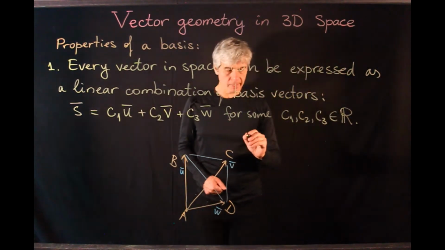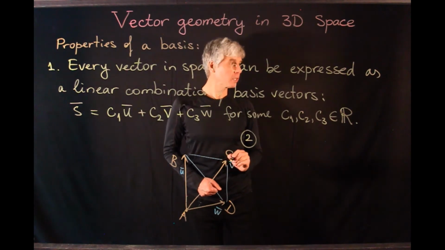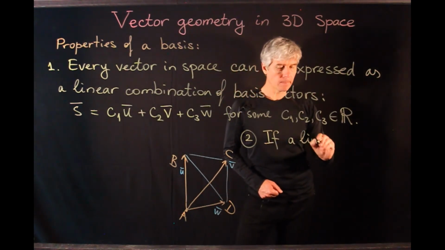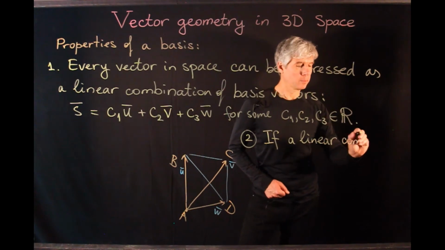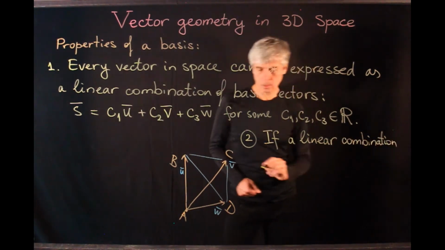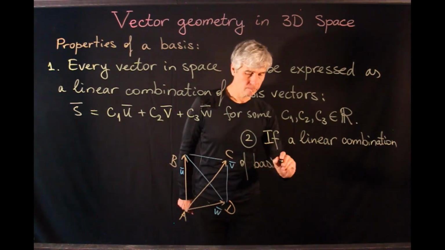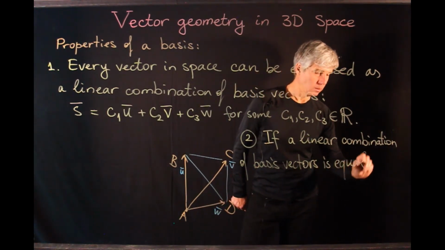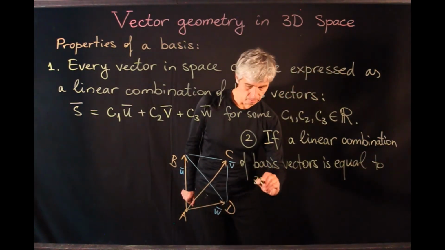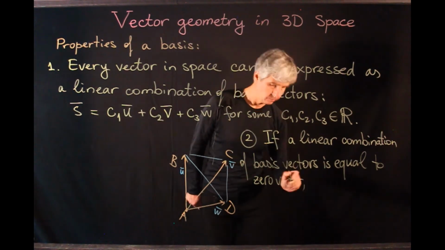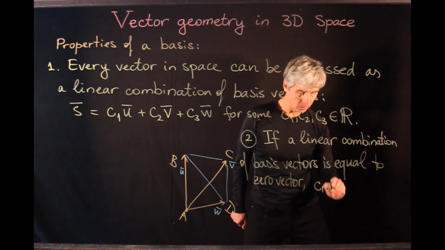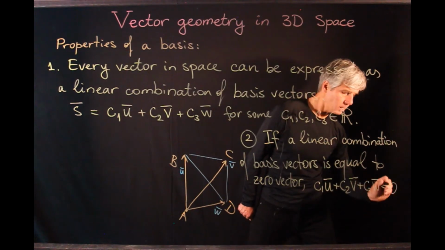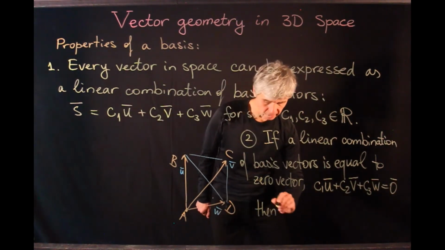And the second property of a basis is equally important and says that if a linear combination of basis vectors is equal to the zero vector, so that is, C1u plus C2v plus C3w is equal to 0, then all three scalars must be 0.